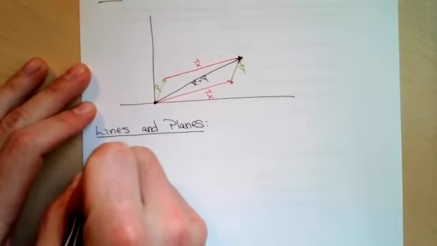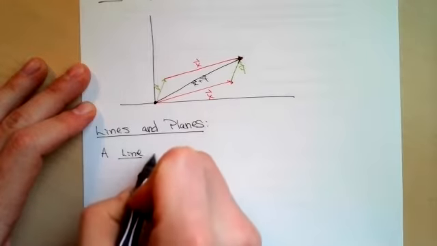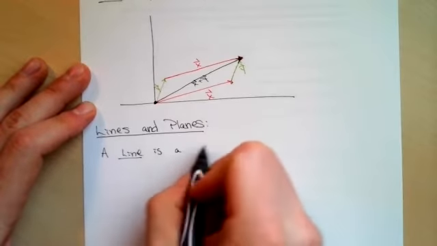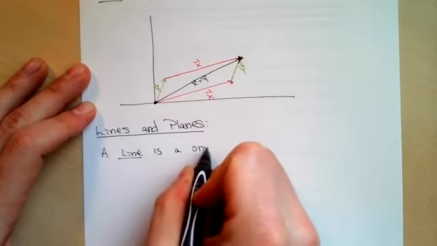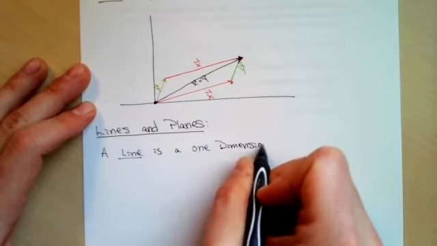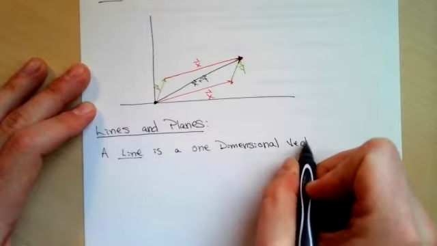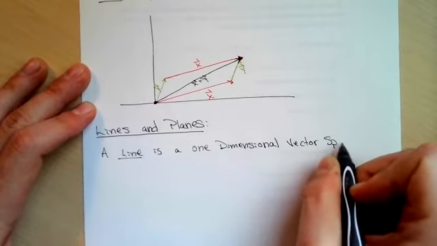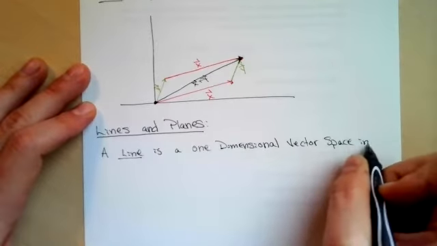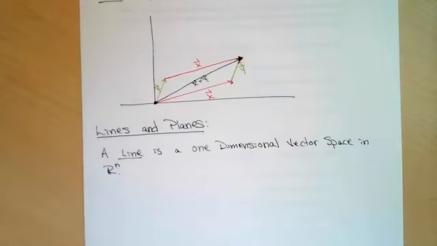So a line is a one-dimensional vector space in Rn.